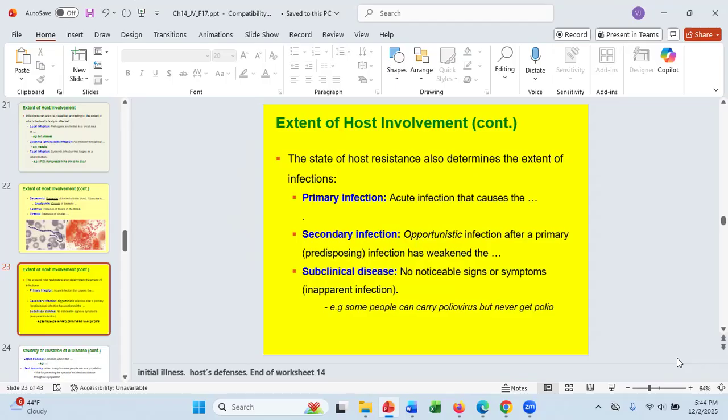The primary is the predisposing factor which weakens the host defenses, allowing other organisms to colonize and cause the secondary infection. For example, a child who gets a cold can get an earache. The earache can then be caused by something other than the cold, and that's the secondary infection by other organisms which start growing in the middle ear.